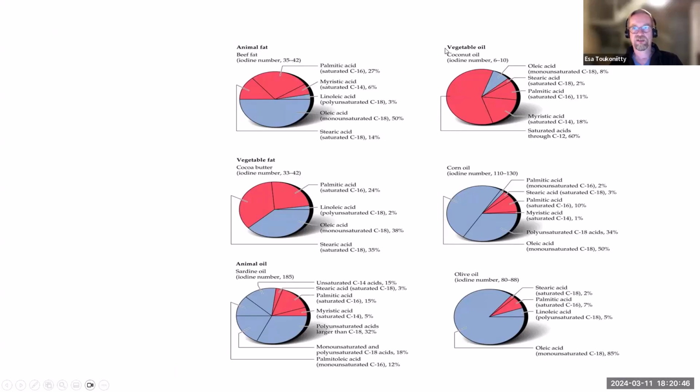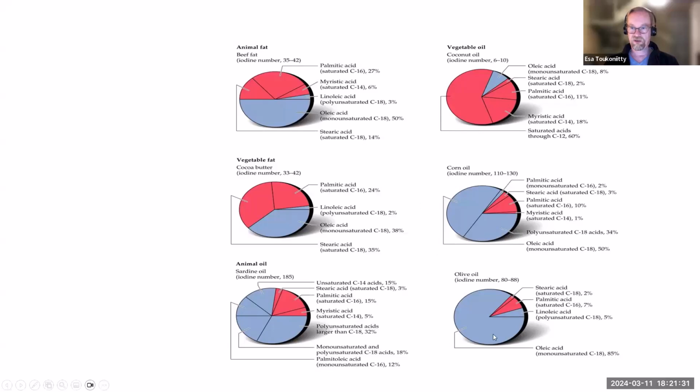You'll see animal fat, vegetable oil, corn oil, vegetable fat, and so on, sardine oil, beef, olive, corn, etc. So how they vary: the fatty acid parts are different, and in real life vegetable fats and oils, you'll see roughly what fatty acid parts there are, and that basically makes their different chemical and physical behavior, as the rest of the molecule is totally identical.